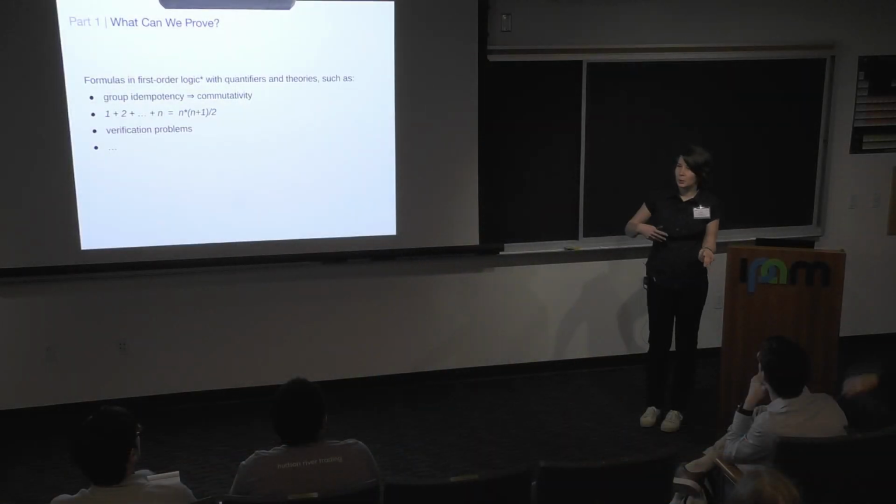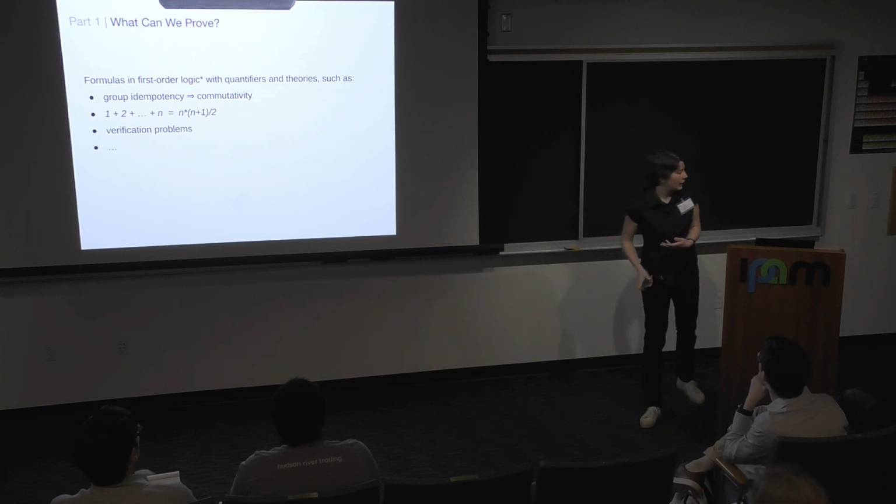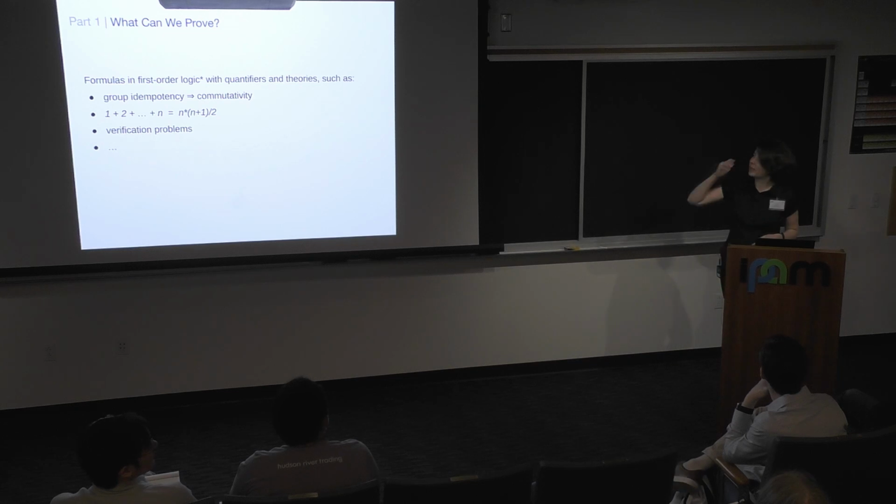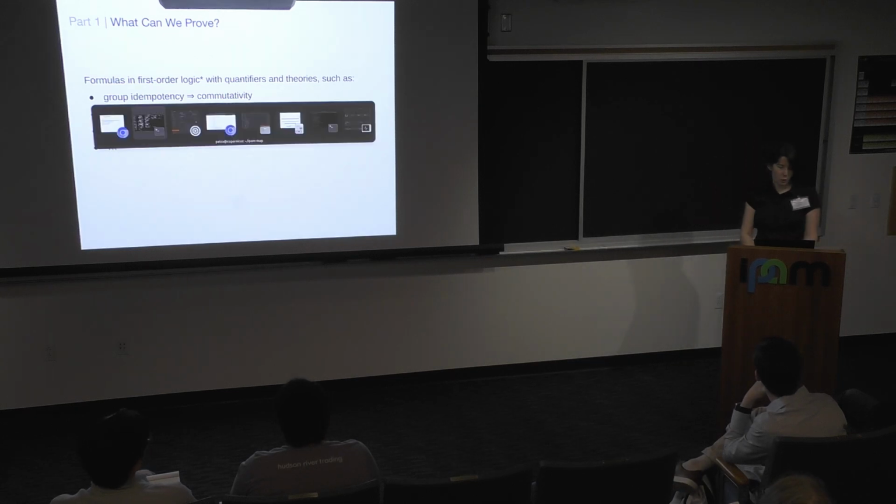In this saturation-based theorem proving framework, we are better with quantifiers. We can reason with them in a more efficient way, but we are worse with theories in general. So this is a trade-off that you're making when you're choosing whether to use a saturation-based theorem prover or an SMT solver.